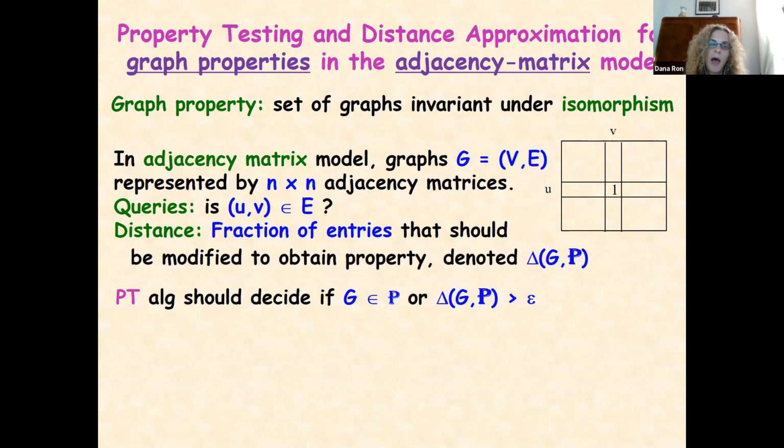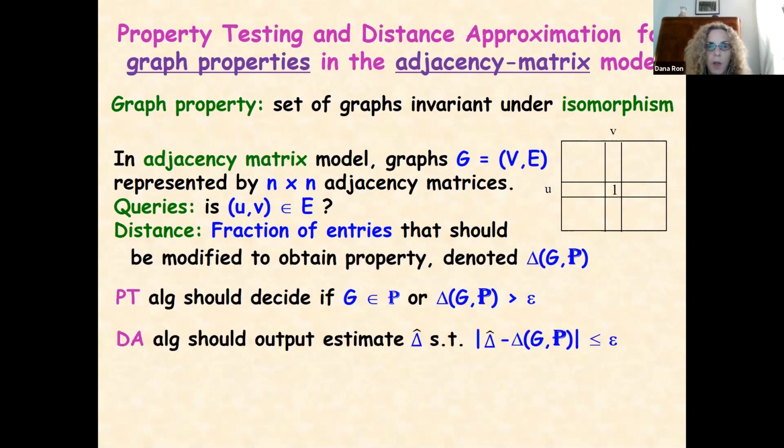The property testing algorithm is given query access to the adjacency matrix, and it should decide whether the graph has the property or whether it is far, so that the fraction of entries we need to modify is bigger than epsilon, the given distance parameter. The distance approximation algorithm should actually output an estimate of this value. So it should output delta hat, where the difference between delta hat and delta is at most epsilon. So one is decision and one is approximation.